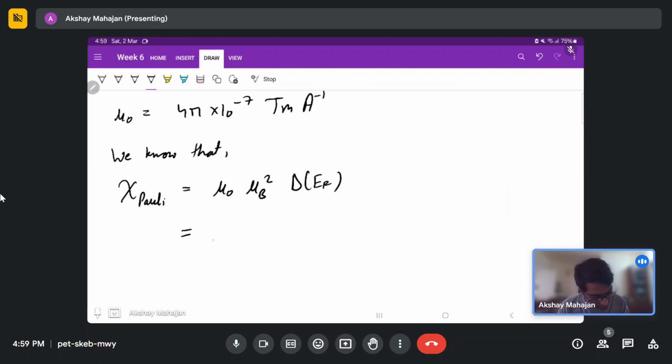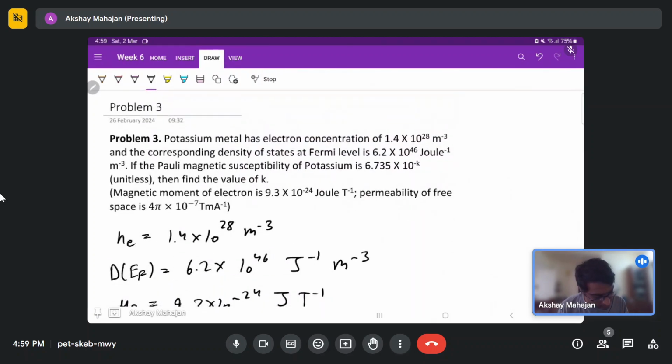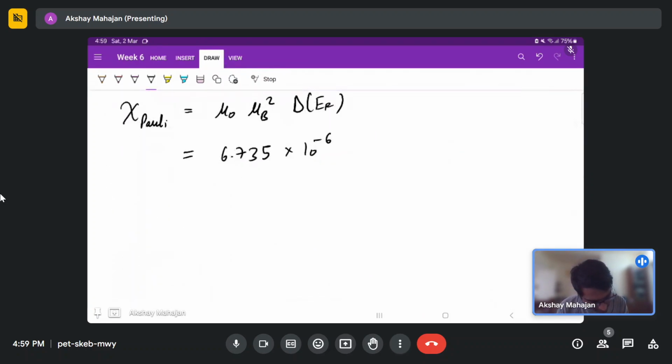So you just have to put in the formulas and unit values in this formula, and then you will get 6.735 × 10^-6. So just comparing with it, we want 6.735 × 10^-k, so the value of k will be equal to 6 here.